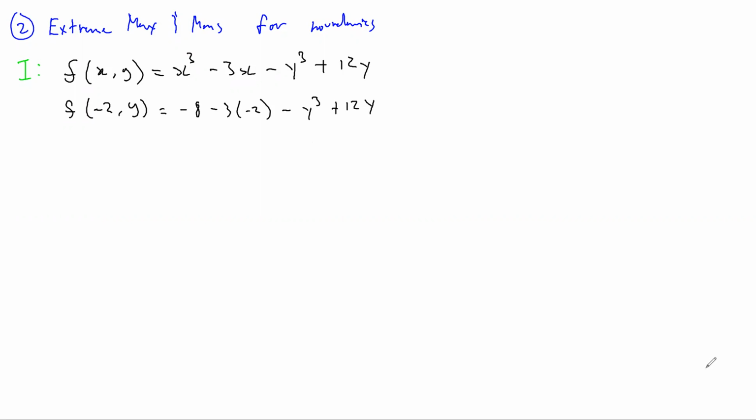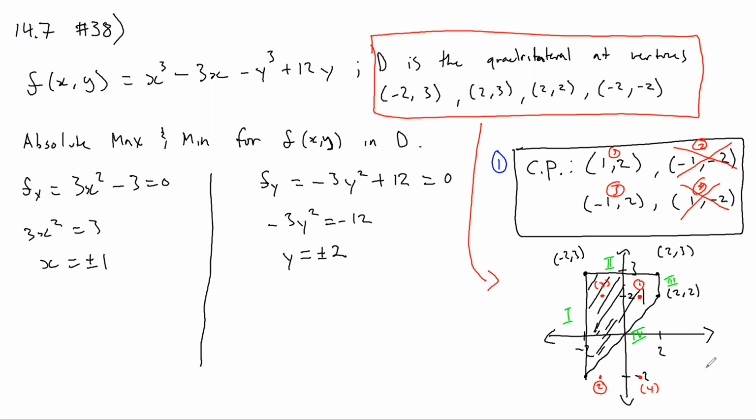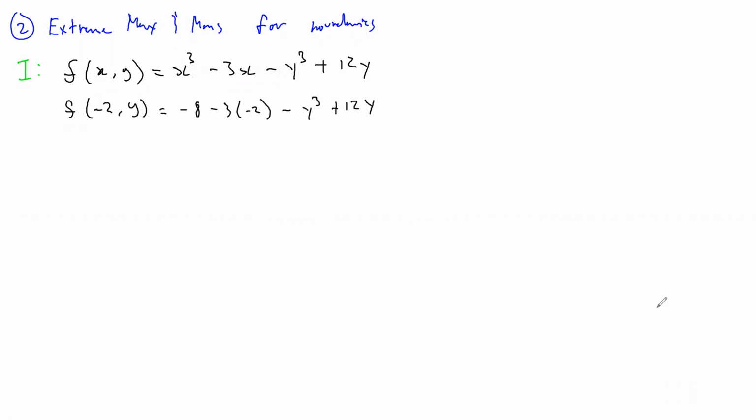Right. Okay. So again, yep, that looks right. So simplifying this down, we get -y cubed plus 12y. I think I'm missing something.